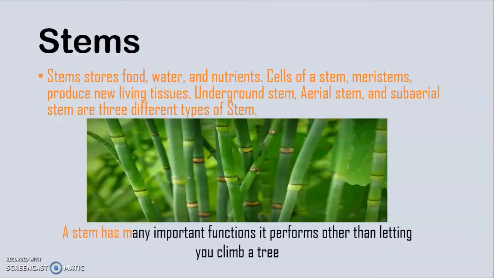A stem has many important functions it performs other than letting you climb a tree. So that is a very important part of the plant because it holds the entire body of the plant.